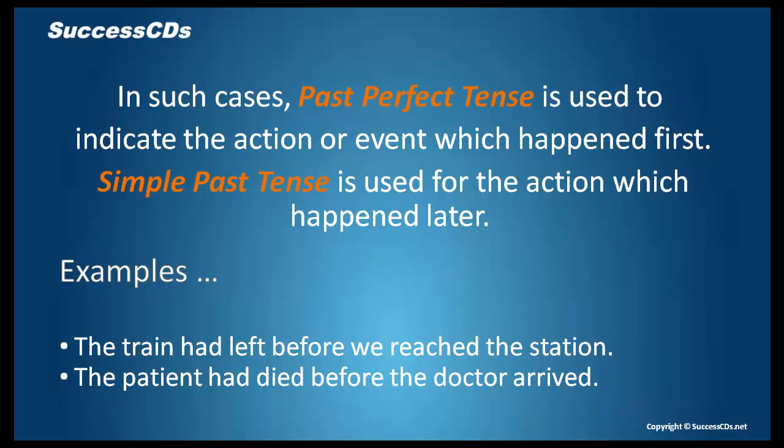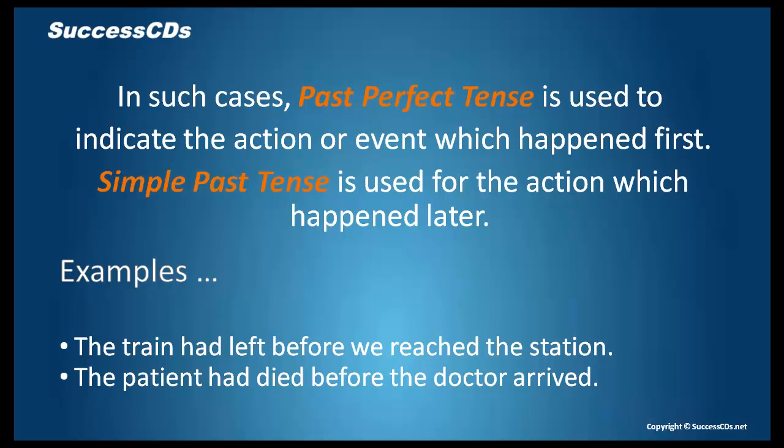The doctor arrived later. So the action which happened first, that is the train had left, in this sentence we have to use past perfect tense. The patient had died, this is the action which took place first.